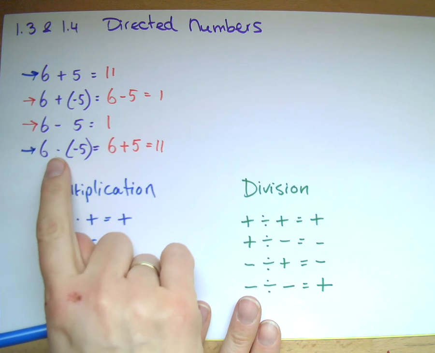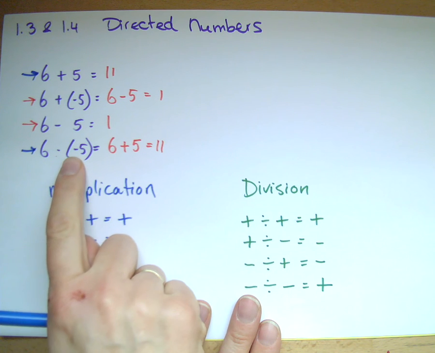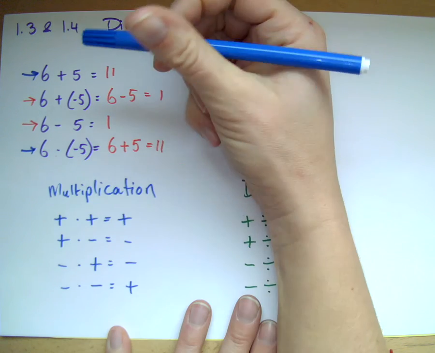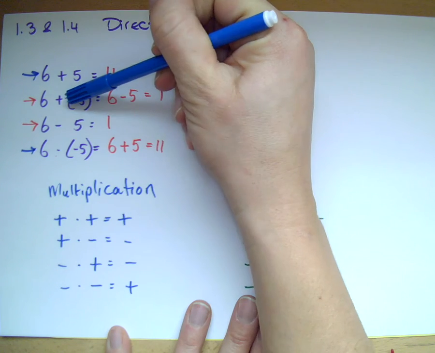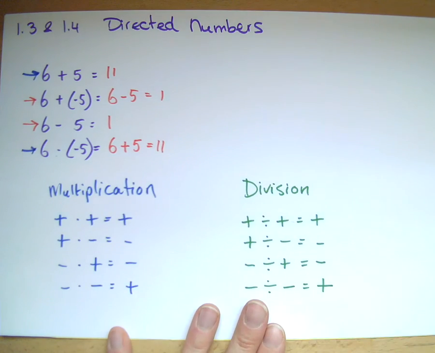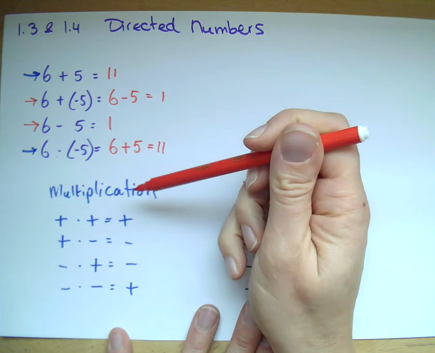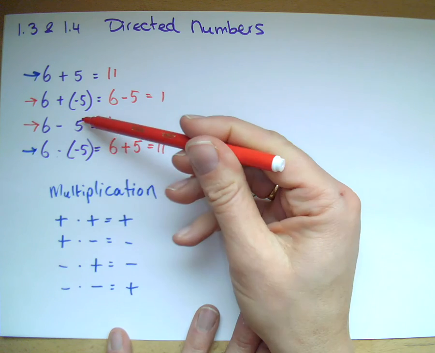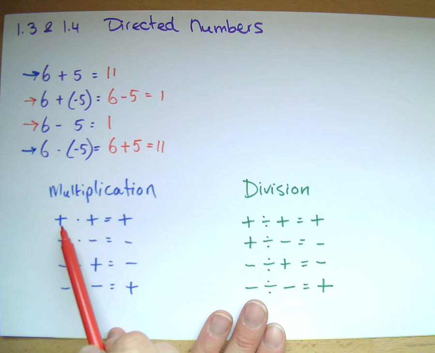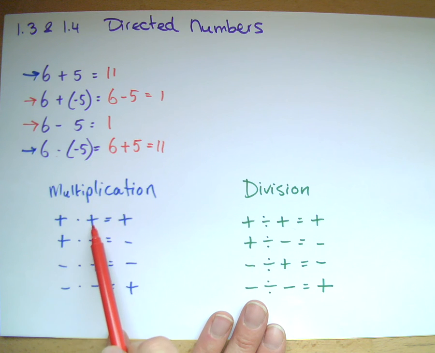So basically, subtracting a negative number is like adding the number as a positive, and adding a negative number is like subtracting that number as a positive.